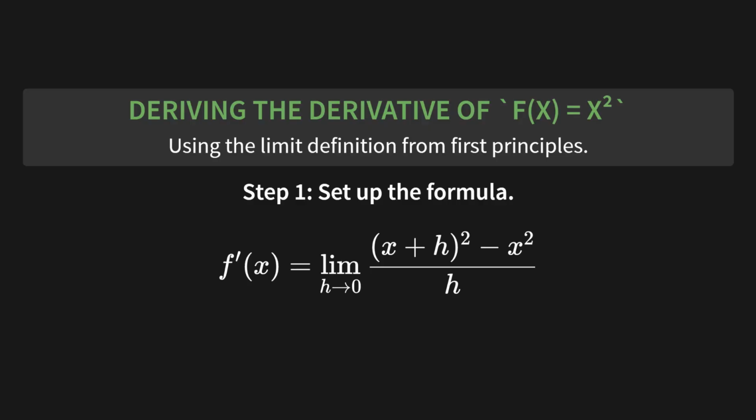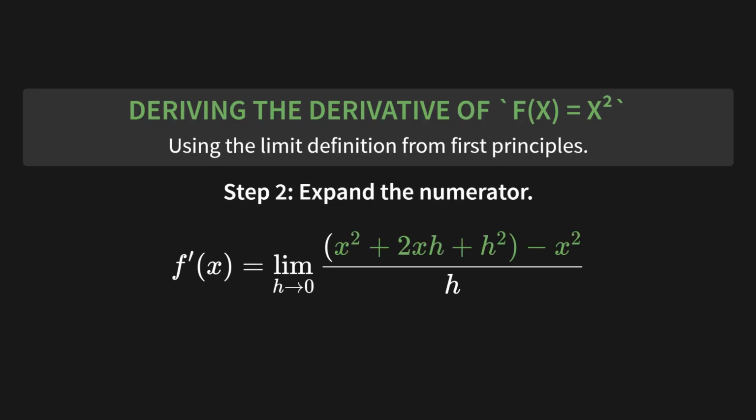F prime of x equals the limit as h approaches 0 of x plus h squared minus x squared, all divided by h. Step 2. Expand the numerator. We just expand that x plus h squared term. So now we have the limit as h approaches 0 of x squared plus 2xh plus h squared minus x squared, all divided by h.